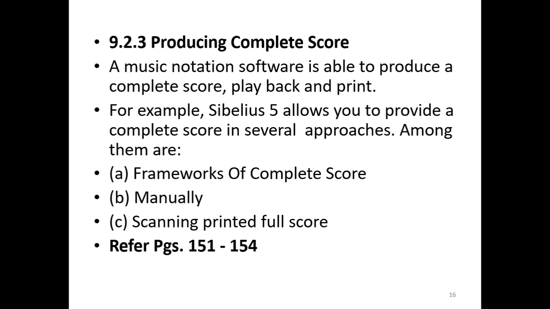Again, pages 151 to 154 give you all the details and information of how you can produce a complete music score by using Sibelius 5, which will be useful for you. Then the approaches are the frameworks, how you can do it manually, and how you can scan and print. If you follow the information, you will be able to master it.